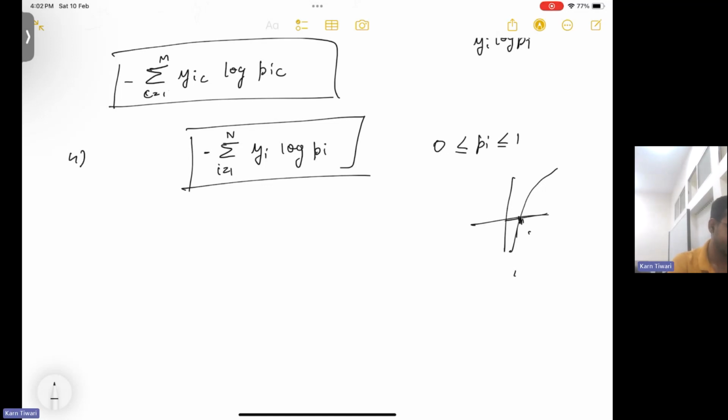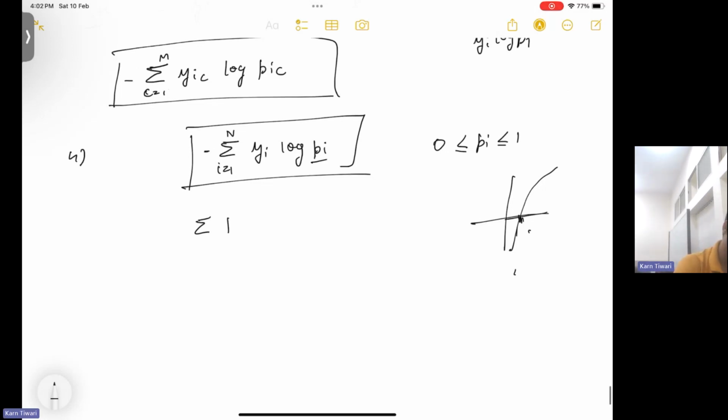We have n classes, yi is either 1 or 0, and log pi is always negative, and we have a whole negative sign. So negative of negative is positive. So this whole term is a summation of positive terms, which is always greater than or equal to 0.